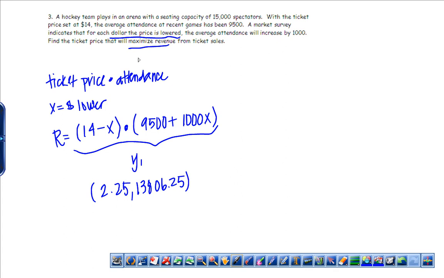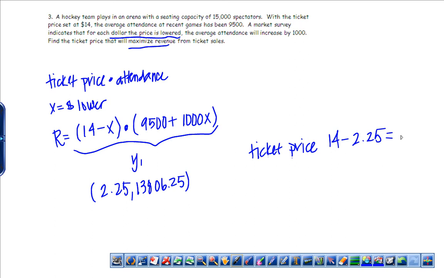Find the ticket price, okay? So our ticket price, now remember right here, this was our ticket price, was $14, and it keeps decreasing, and it's decreasing by 2.25. So I'm going to say $14 minus the $2.25.